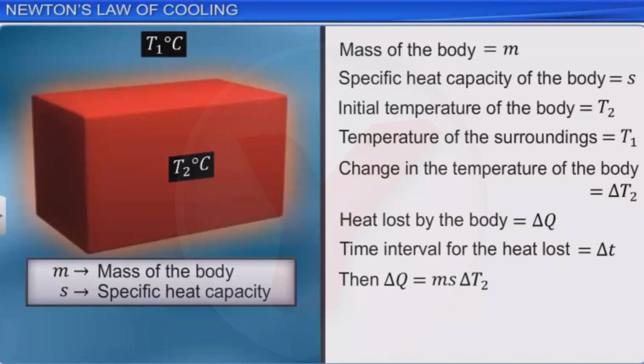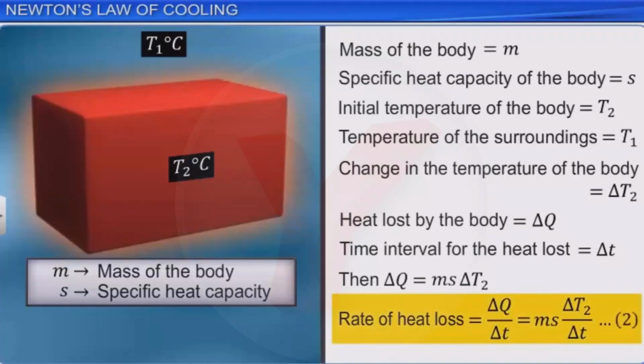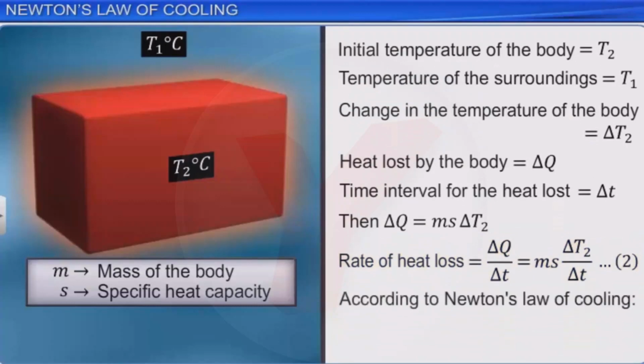Then the rate of heat loss is equal to delta Q by delta T equals ms delta T2 by delta T. Let this be equation 2. But according to Newton's law of cooling, we have minus delta Q by delta T is equal to K into T2 minus T1.